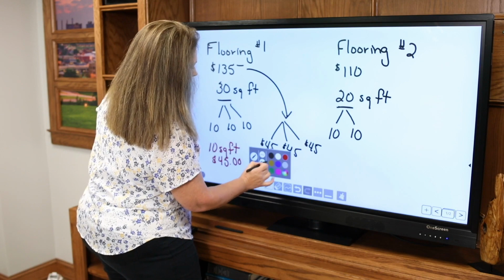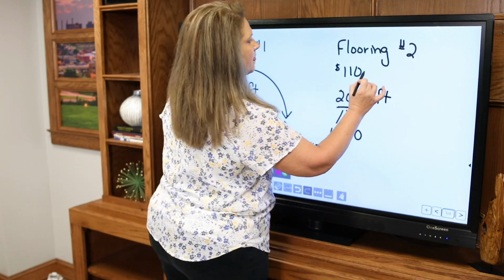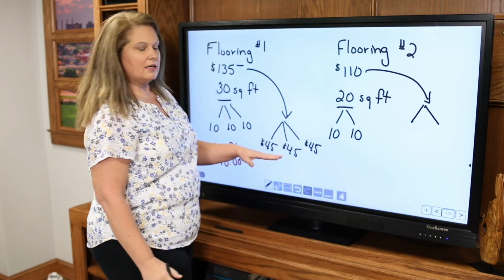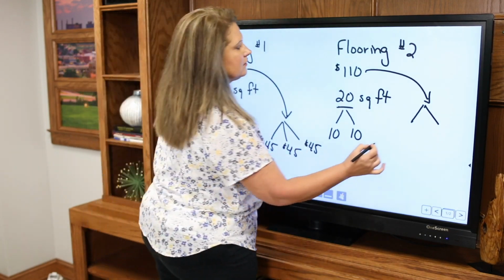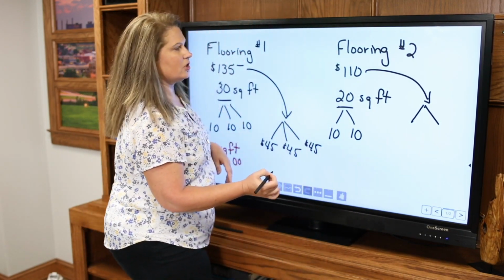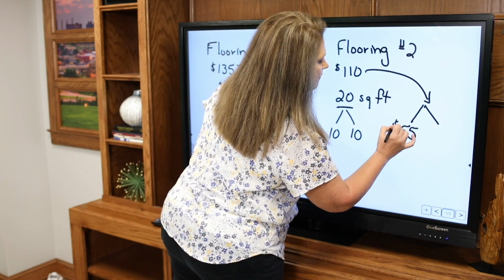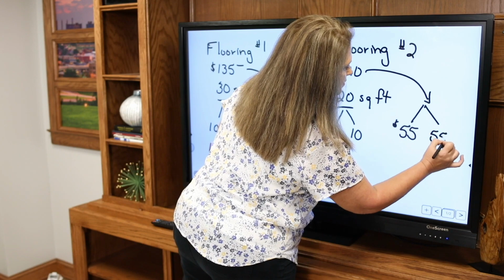Now if I come over here and do this with flooring number 2, let's change and put that back to black. And I separate that just like I did flooring number 1 into 2 sections. That gives me $55.